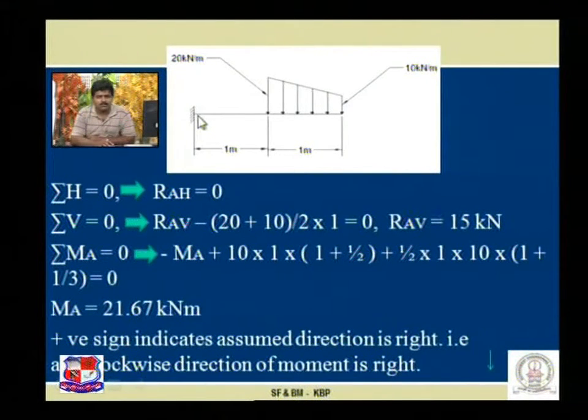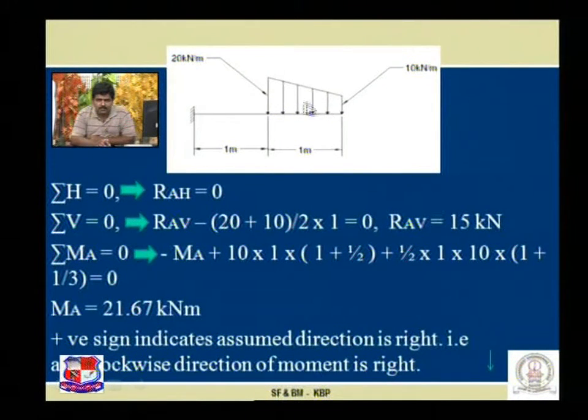Next, sigma M at A is equal to 0, meaning the summation of all the moments of the forces acting over here is 0. Assuming MA is of anti-clockwise nature, so minus MA. Minus means we are assuming it as anti-clockwise. Now this load creates a moment on this side that is of clockwise nature, so it is plus, divided into two parts.